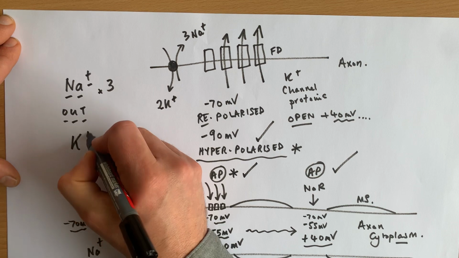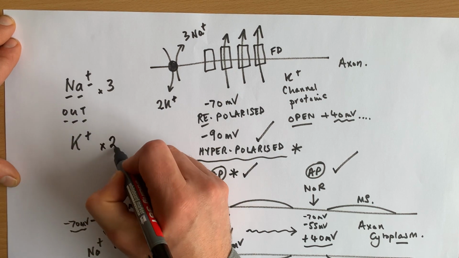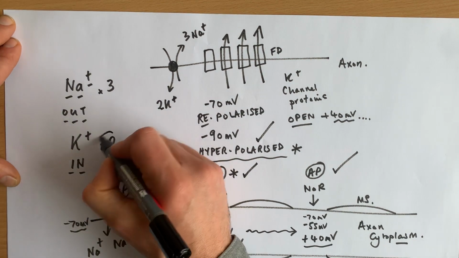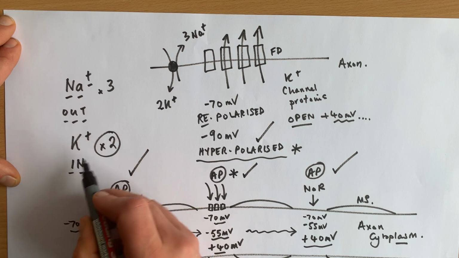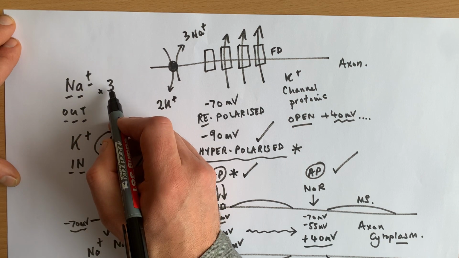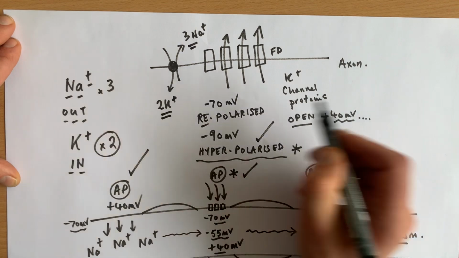And potassium has got 2 parts to its symbol, a K and a plus. So 2 potassium ions are pumped 1, 2, in. So K plus, 2 potassium ions, IN, in; Na plus, 3 sodium ions pumped OUT, out, which matches what we had at the top.